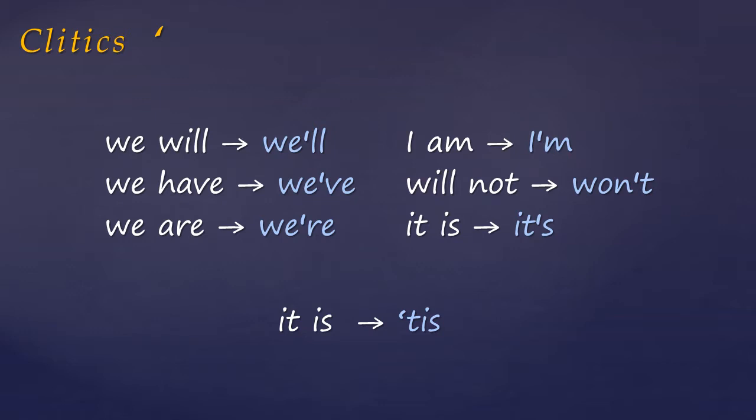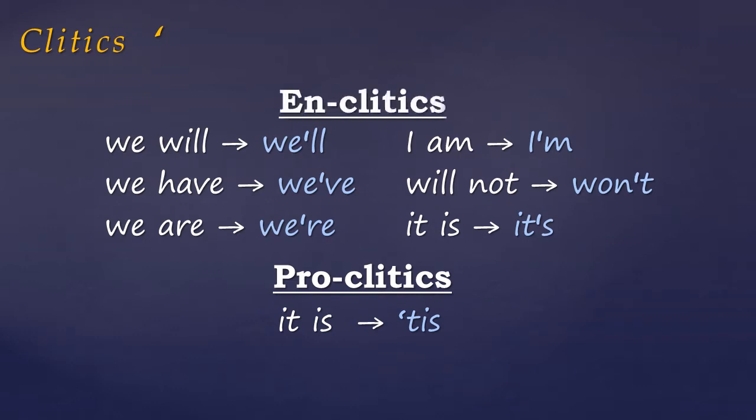Now, if the clitic term comes before its host, these are called proclitics, and I can only think of one example in English. Much more frequently, the clitic term comes after the host word, in which case they're called enclitics. So clitic is just a technical term for something which is actually very familiar.